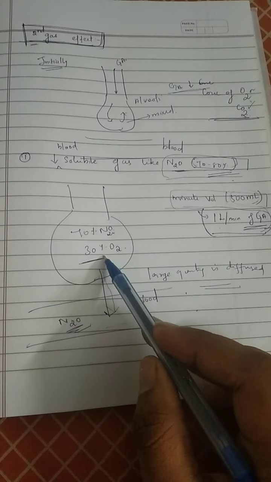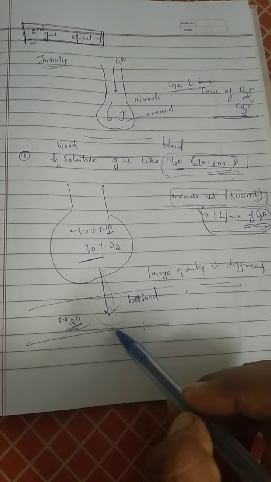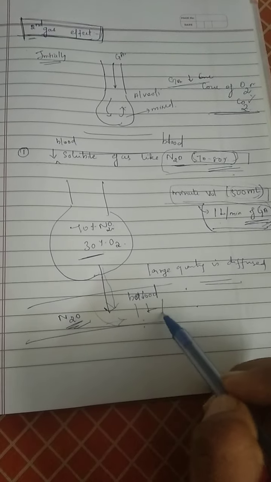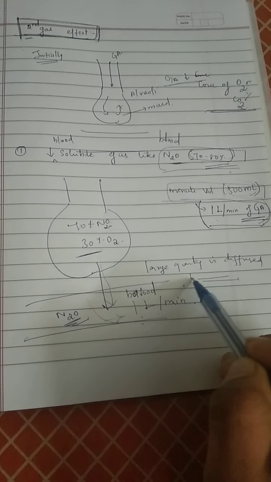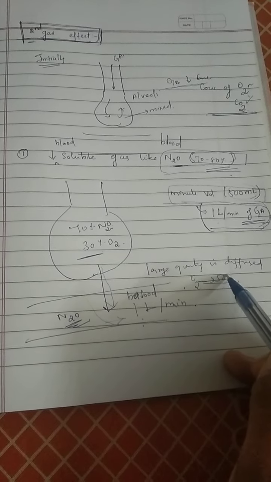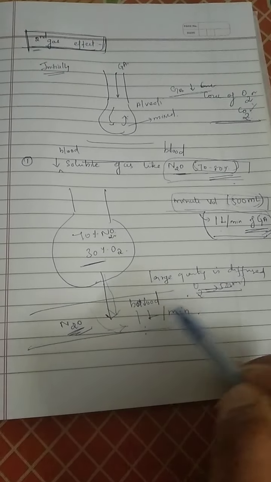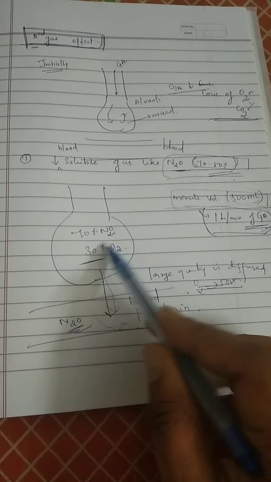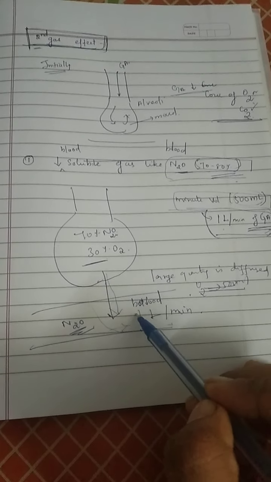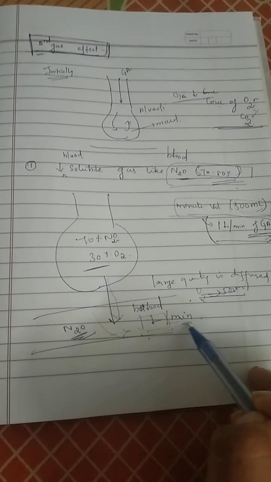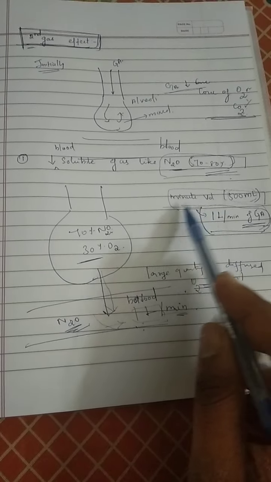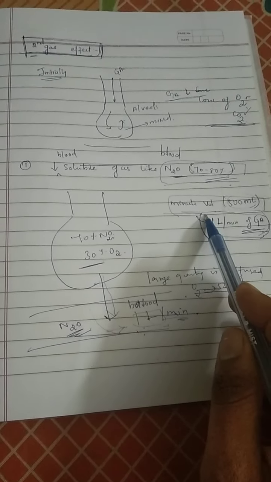When you give N2O, it can enter like 1 liter per minute, but usually oxygen can enter nearly only 500 ml. But here, due to its high concentration, it can easily enter up to 1 liter per minute, thus exceeding the minute volume or tidal volume.